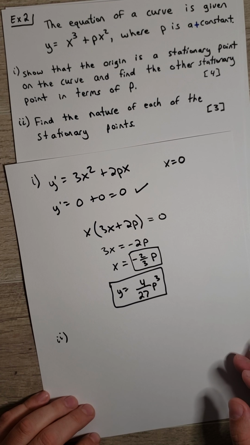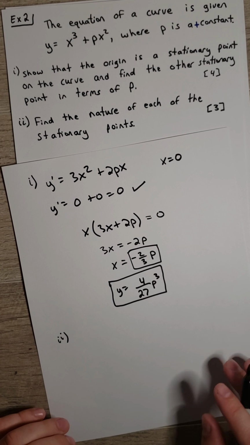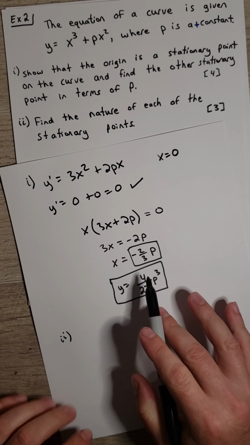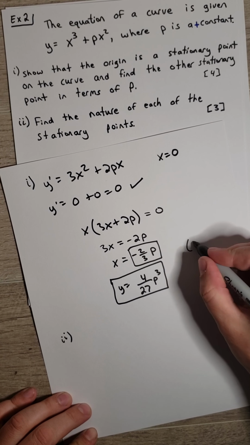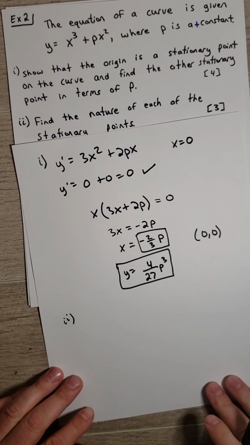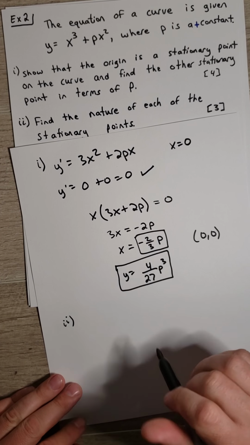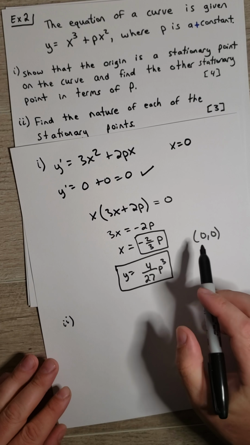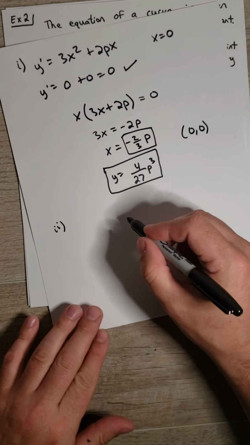All right, determine the nature. Okay, so you can think about this. The other one was the origin. For this one, because we don't know what p is, you can't really solve this and get actual numbers. But you can think about this just graphically or visually.